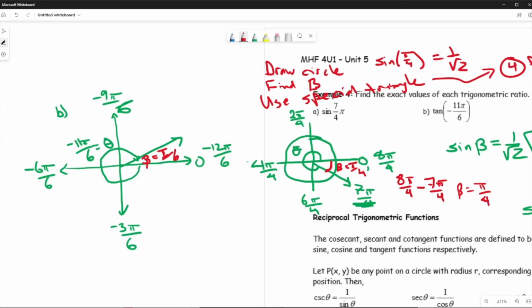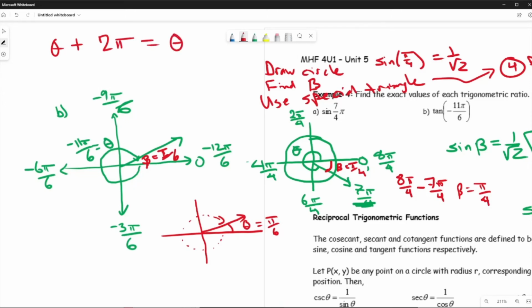So beta is pi over 6. I am much better off just thinking about this question with a positive beta, with a positive angle. Theta is pi over 6, right? Why do I want to work with a negative angle that goes all the way around, when I could just take my identity, add 2 pi to it, and get the new angle?